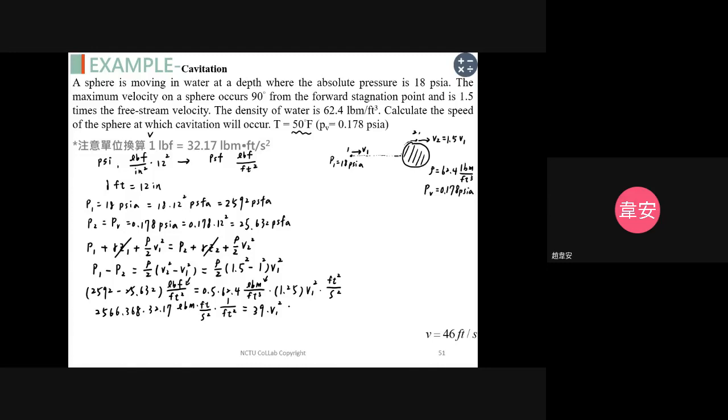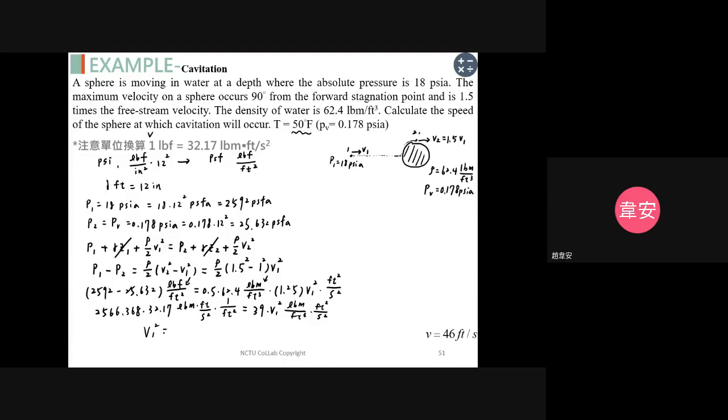And the unit is pound mass per ft cubed multiplied by ft squared divided by second squared. So if you take a look, the units on the right-hand side and left-hand side now are equal to each other. Okay, so we just reorganize.